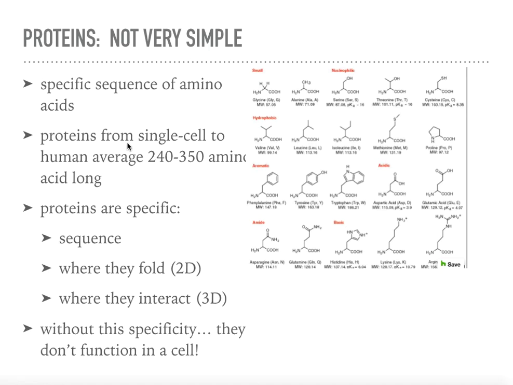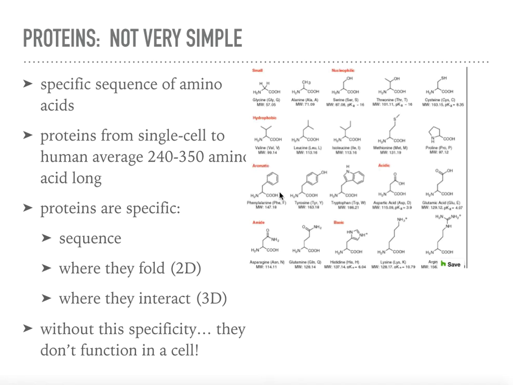But in any case, you can see on this picture the 20 amino acids that you would need to form a living organism. A protein from a single cell is on average about 240 to 350 amino acids long.